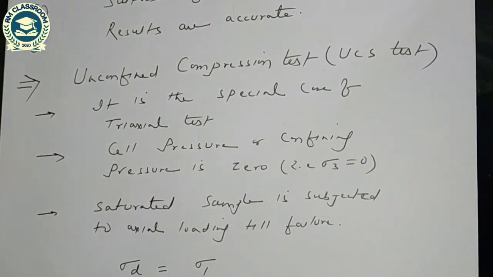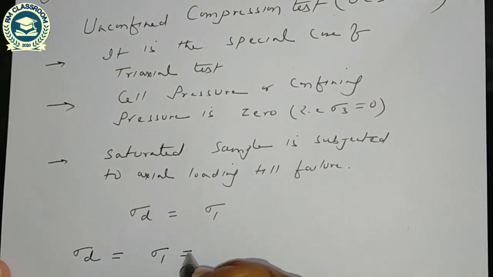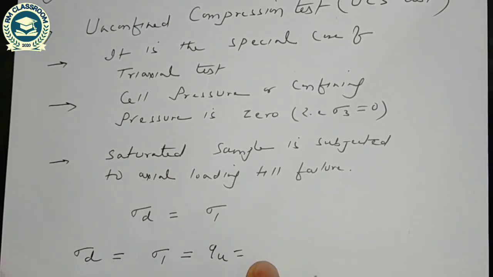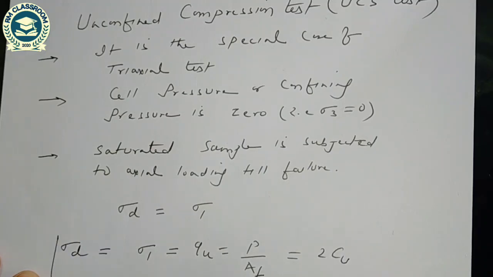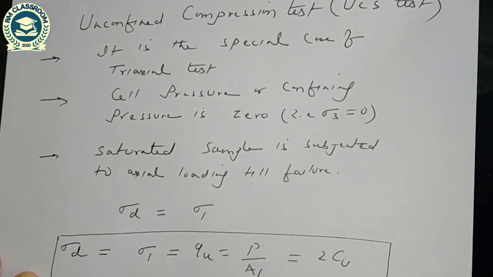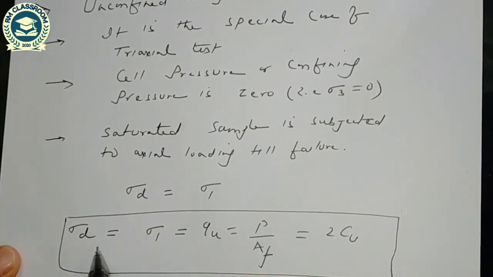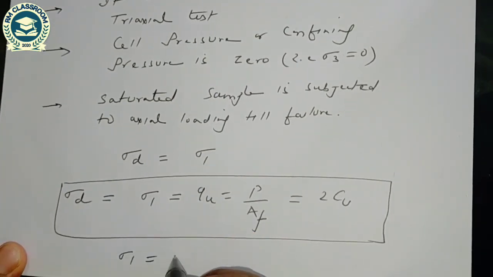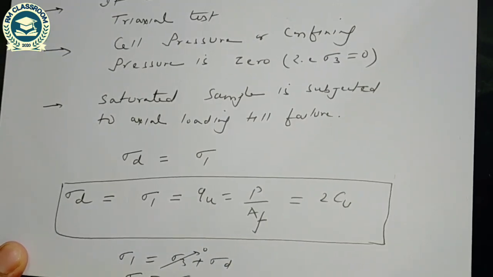So sigma d is equal to sigma 1 is equal to Qu is equal to P by A F, and this is 2 times undrained cohesion, where sigma d is the deviator stress and sigma d is same as the sigma 1, because we know sigma 1 is equal to sigma 3 plus sigma d, and as I told you earlier, sigma 3 is 0, so sigma 1 is equal to sigma d.